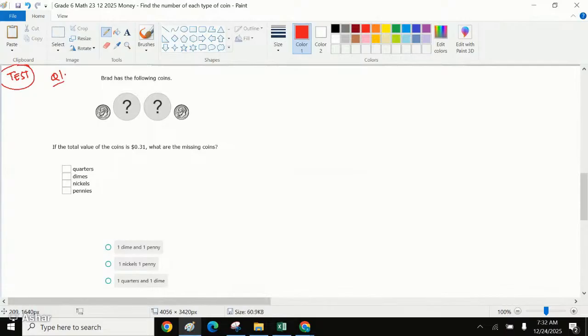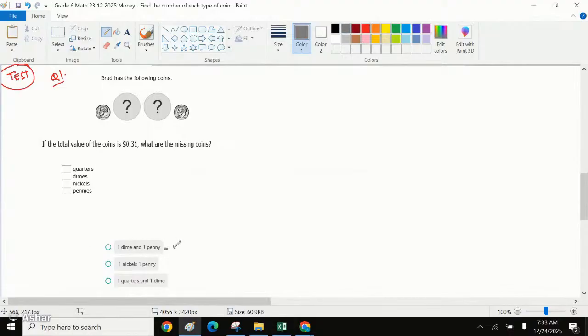The first question says Brad has the following coins, and we need to find the missing coins, right? What information is given to us is we already have 2 coins, right? So 31 is to be broken. Okay, let's look at the options.